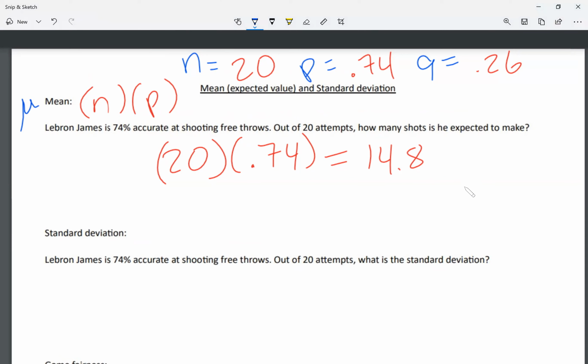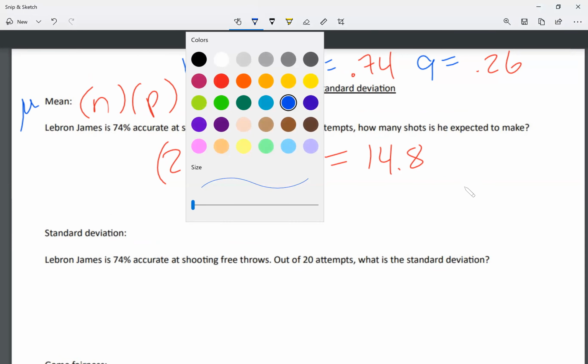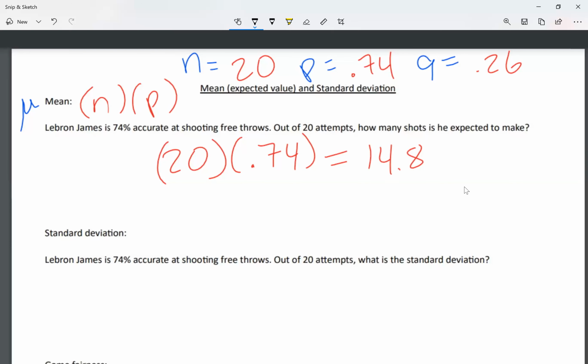I also introduced you to what we call variance, and standard deviation. Let me add variance to our notes. Do you remember the Greek letters for that?